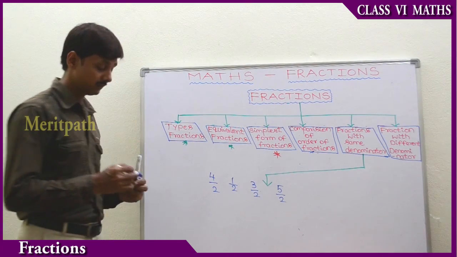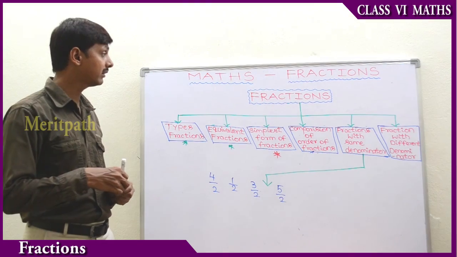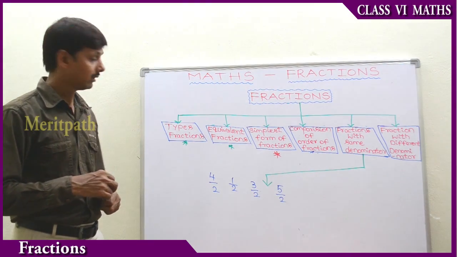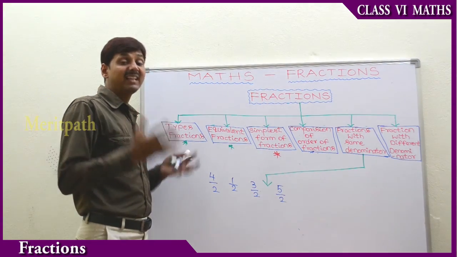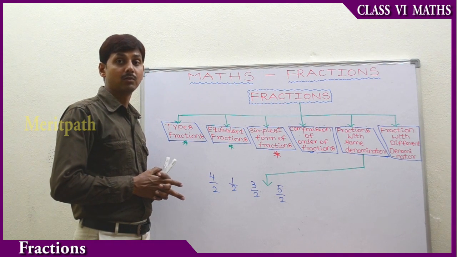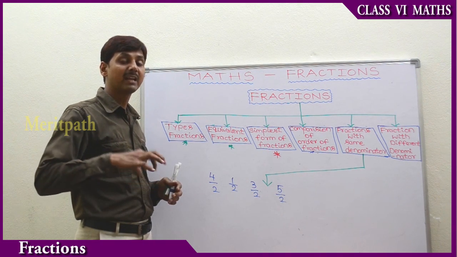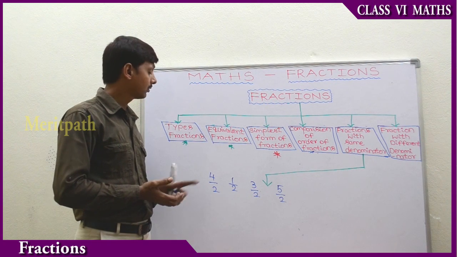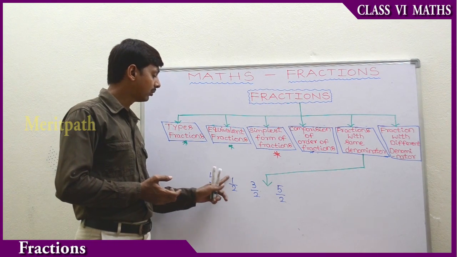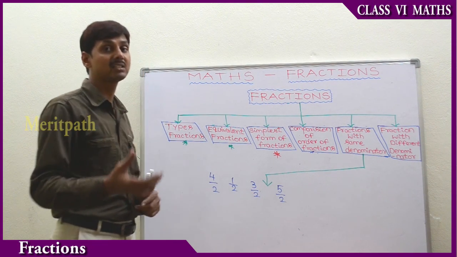These fractions we have taken have the same denominators. When they have the same denominators, the fractions can be added directly. So 4 by 2, 1 by 2, these are what we call like fractions.